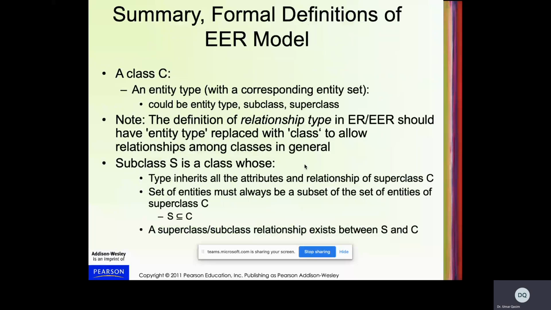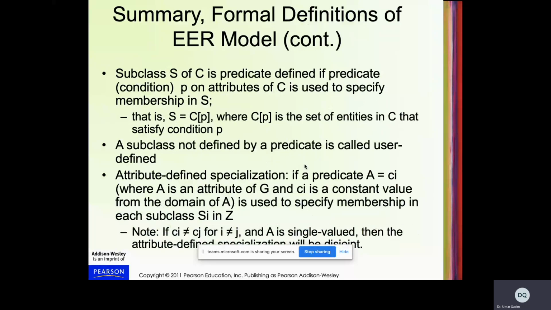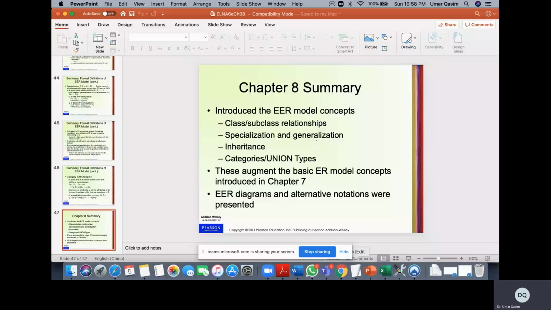So just to summarize, some of these last few slides are a summary of what we have discussed in this chapter 8. This was a brief overview of some of the enhanced-level approaches in entity relationship diagrams. I encourage you to learn these as well, but the basic ones in chapter 7 are very important as the foundational concepts in ER diagramming.